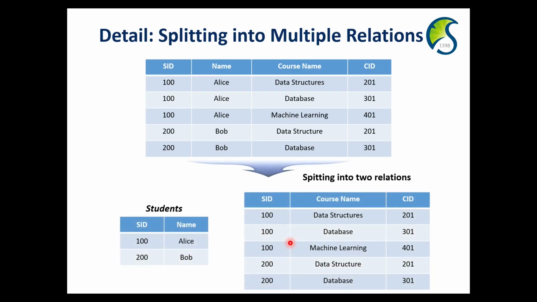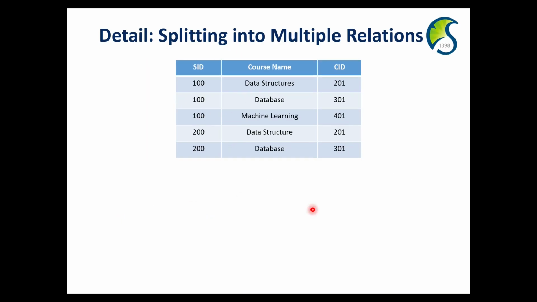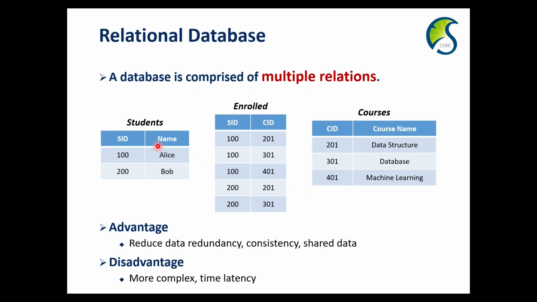Okay, so based on this operation, we can finally get 3 different relations. Here, the meaning of relational database is that a database consists of multiple relations.